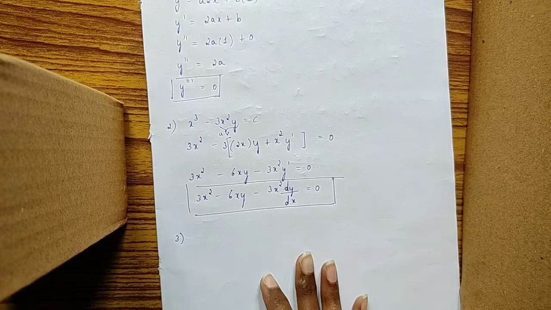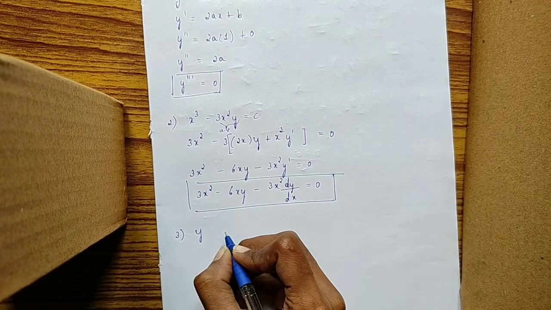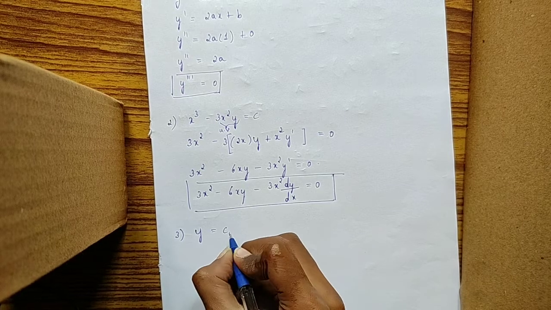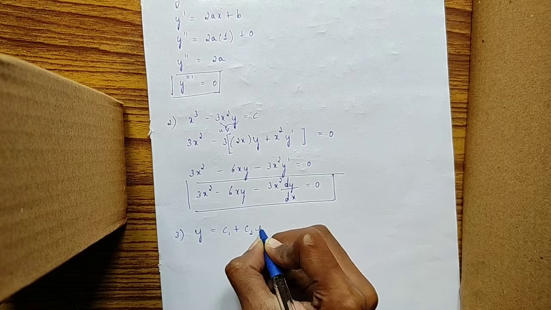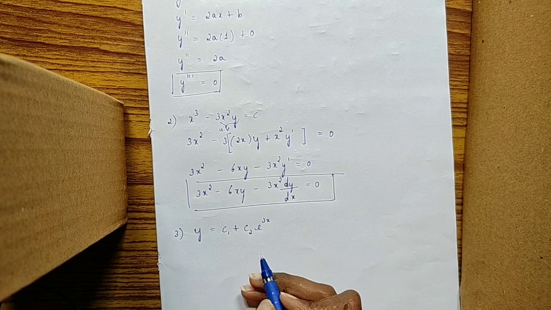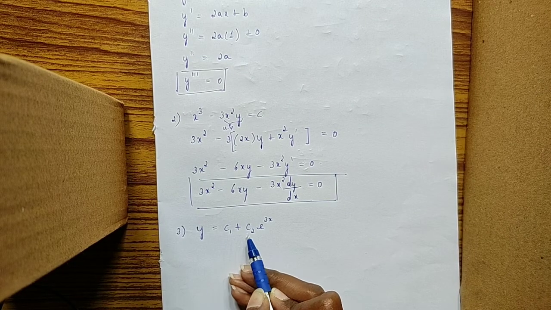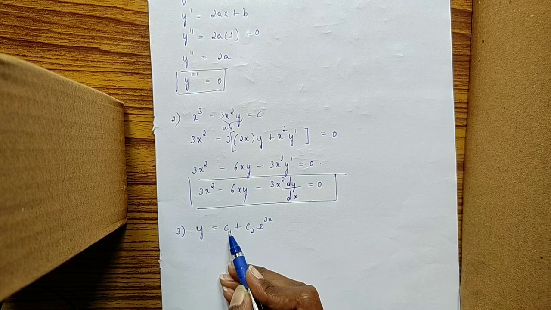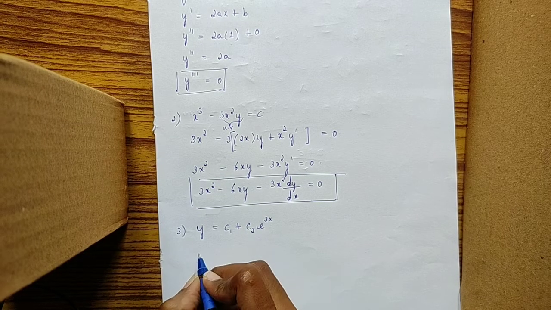Let's get into our next problem, that is y = (c1 + c2)e^(3x). Here, which are our arbitrary constants? It is c1 and c2. So we have to differentiate twice in order to get the required equation.